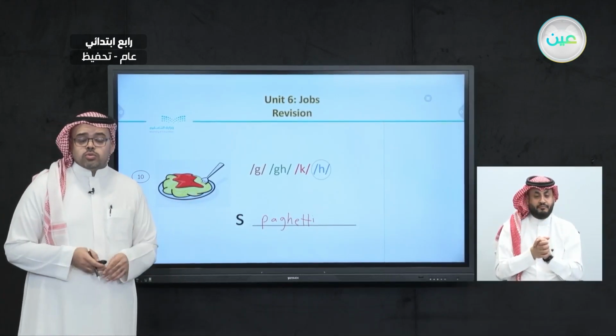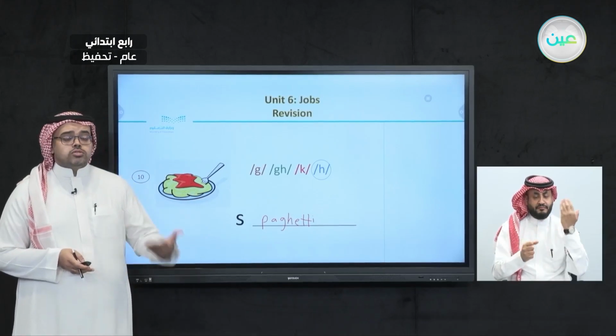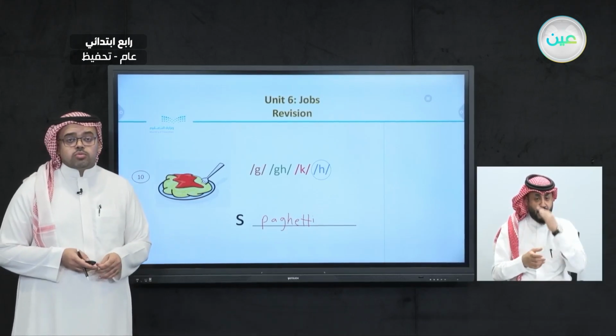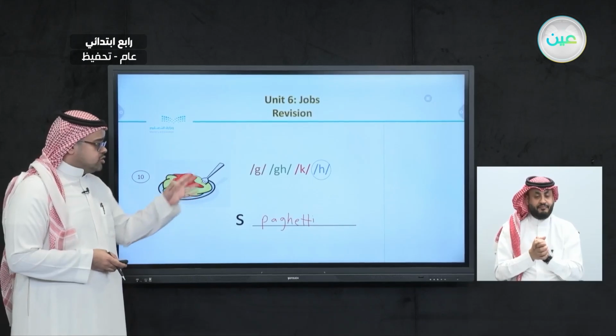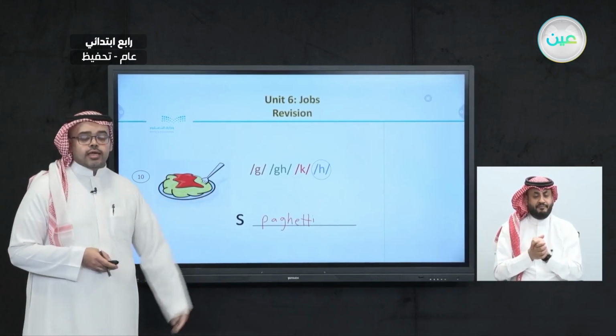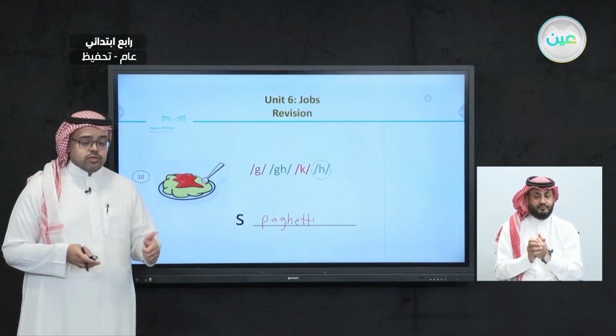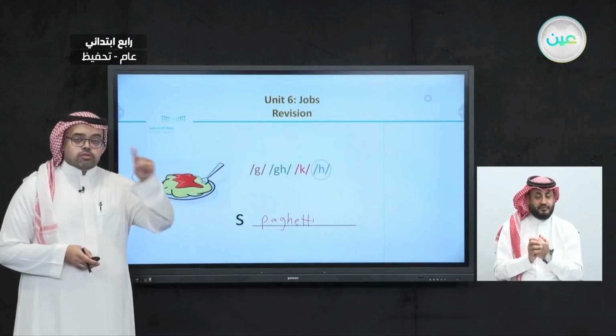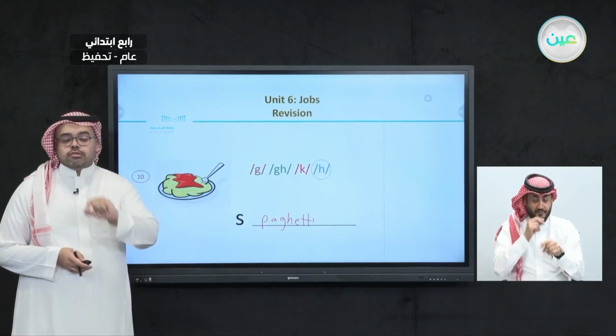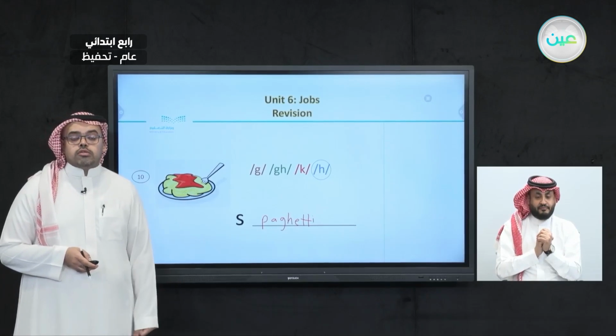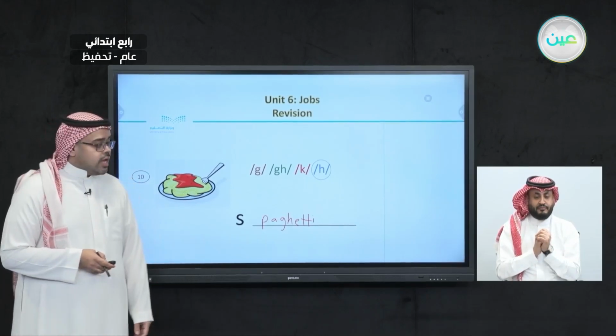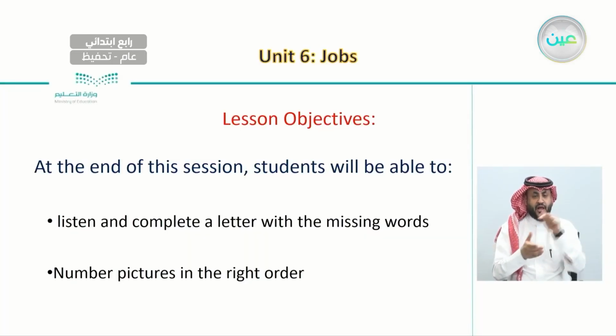So this is what we did last time, where we got to know how to write words with silent letters like G, GH, K, and H. Not only this, we listened to them and we circled the silent letters, and also we wrote down these words together. And now, let's get to know our objectives in today's lesson.